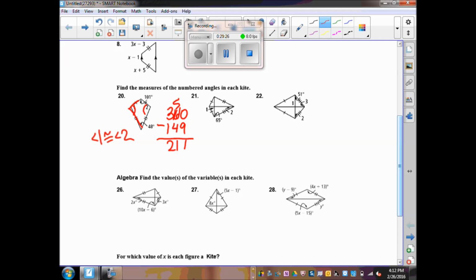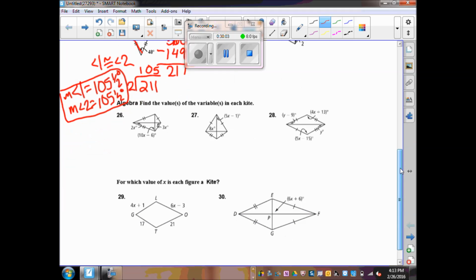So 211 divided in half, because these are congruent, would be 105.5 degrees. So the measure of angle 1 is equal to 105 and a half degrees, which is the same for the measure of angle 2. It's just a little bit of arithmetic. Okay? So use that same information and the other properties to help you solve for these variables here.